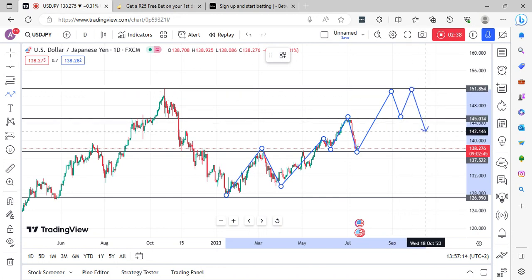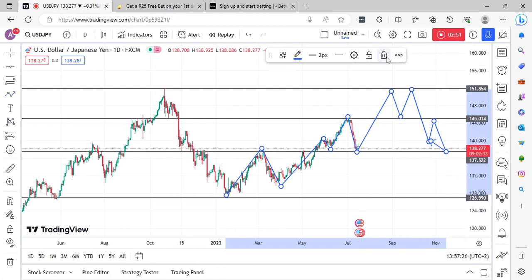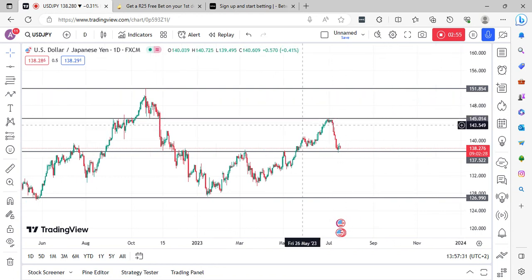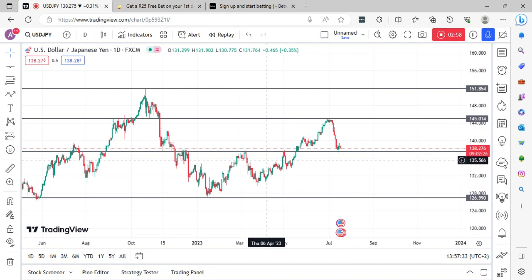It can be anything. It can move in any way. But the things you check on are your important zones, your important levels, which are your highs and lows. We know that USDJPY is buying.